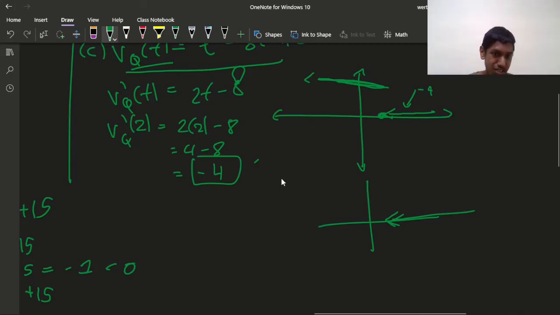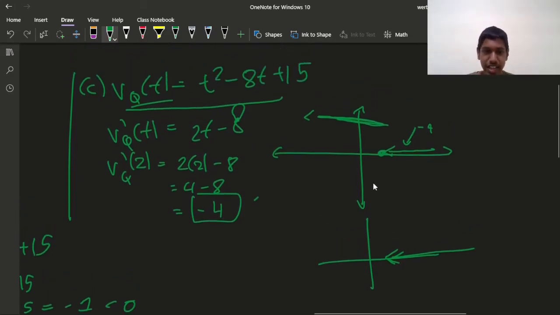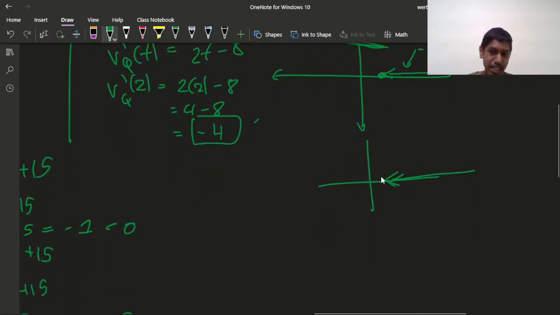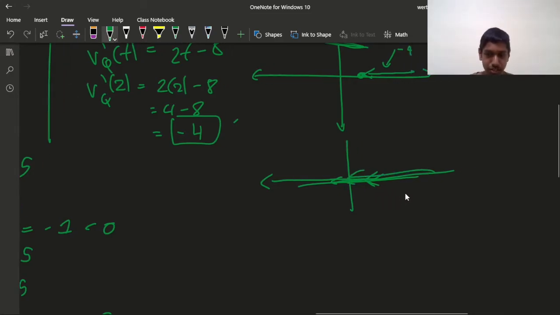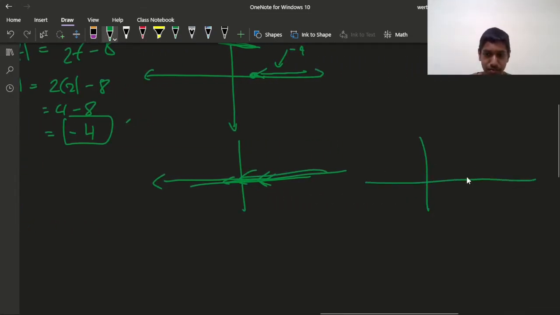So in other words, its velocity is negative, and its acceleration is also negative. And in that case, it would start speeding up, right? It's sort of like you're pushing yourself to the left, and then somebody's also pushing you to the left. But then if maybe this particle wanted to go to the right, but this force is pushing it to the left, right? Now it's slowing down, right?